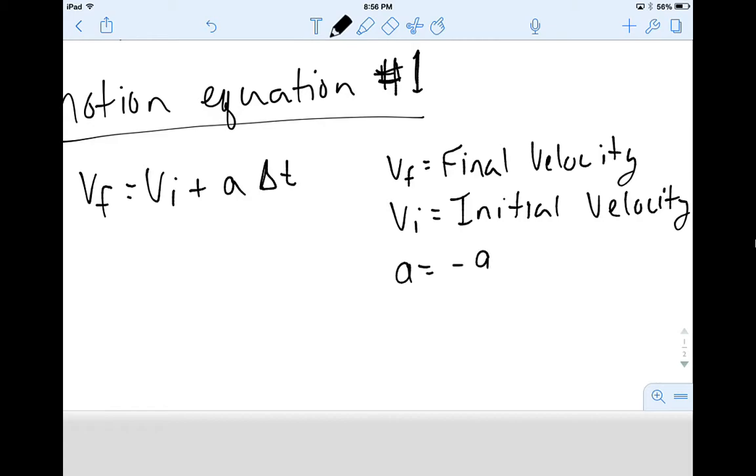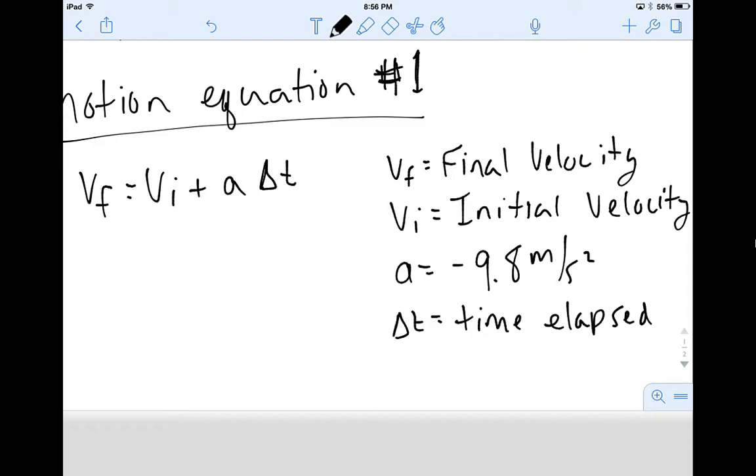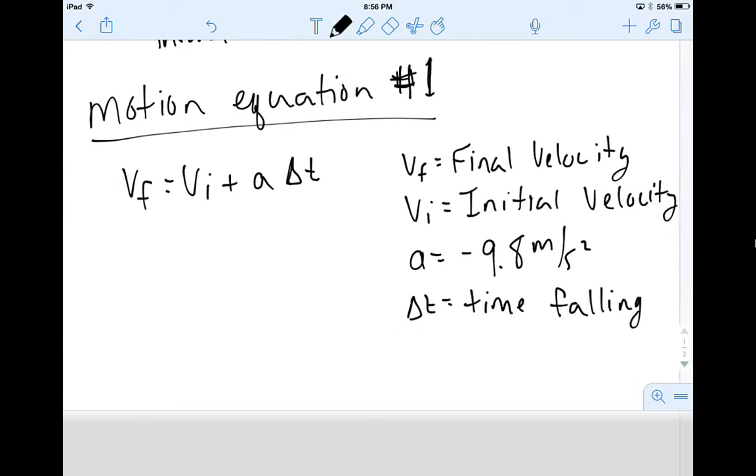A equals negative 9.8 meters per second squared, and delta T equals time elapsed. In this case, we can even call it time falling, because we're talking about things that are falling.